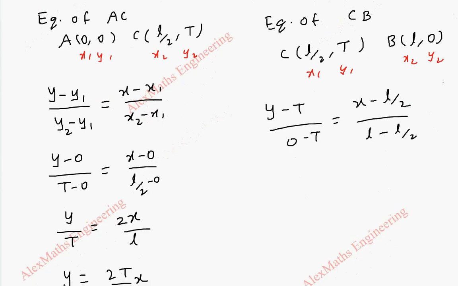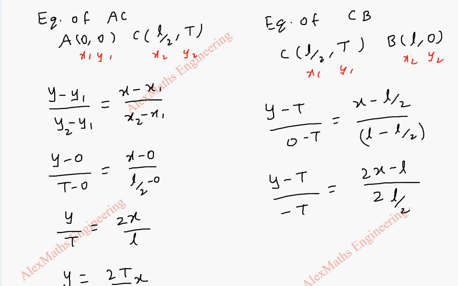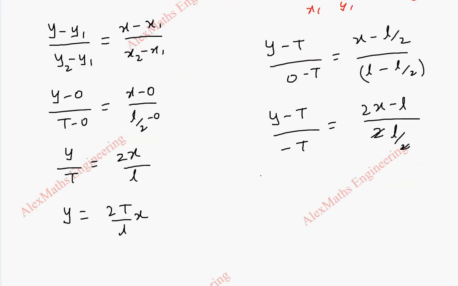So this will be y minus t by minus t equal to, by taking LCM here, this is 2x minus L by 2 and denominator L minus L by 2 is L by 2. So this gets cancelled and I can carry this t to the other side or I can cross multiply. So y minus t into L equal to 2x minus L.